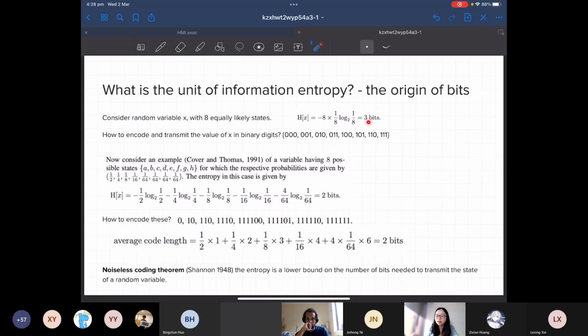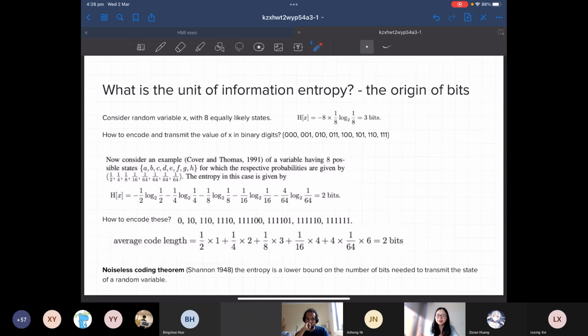Because the log is base 2, this is called bits, as named by Shannon. If you recall your digital logic class, how do you represent 8 states in binary digits? Well, 3 bits, right? And they're written out here.